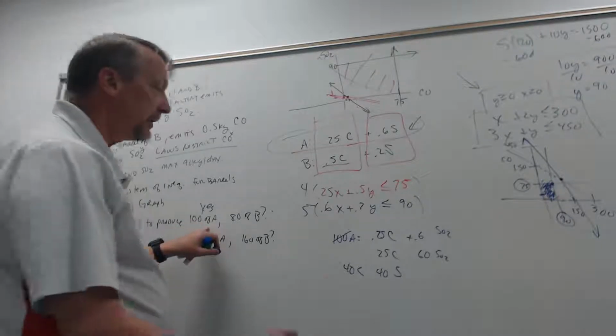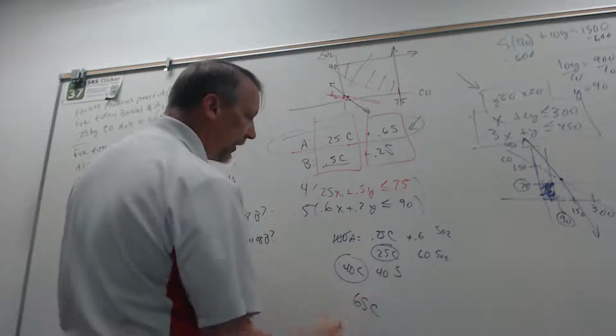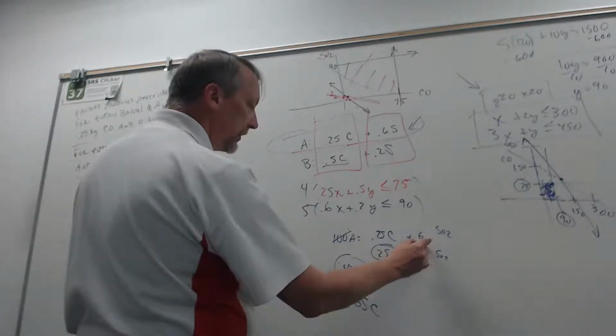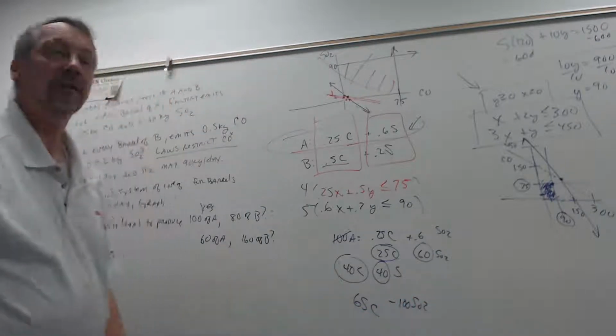So if we produce this together, 25 plus 40 is 65 of the carbon monoxide, and 40 plus 60 equals 100 of SO2, that's no good.